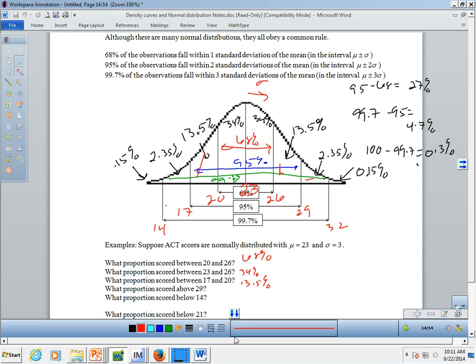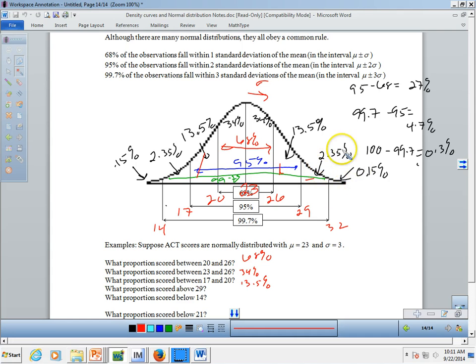What proportion scored above 29? Well, here's 29. Above 29 takes me out here, outside of my second standard deviation, where 95% of those individuals sit. So with the combination of this guy and this guy, I've got my remaining 5%, right?